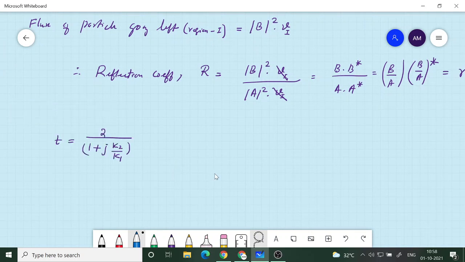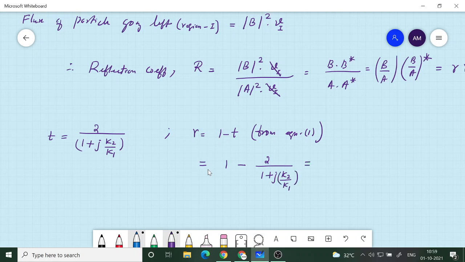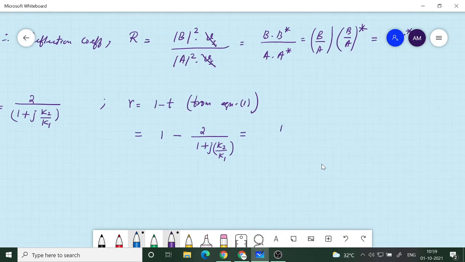Therefore R is basically 1 minus T from equation 1, which is equal to 1 minus 2 by 1 plus j k2 by k1. If I solve this, take the LCM. More than physics, this is just algebra.